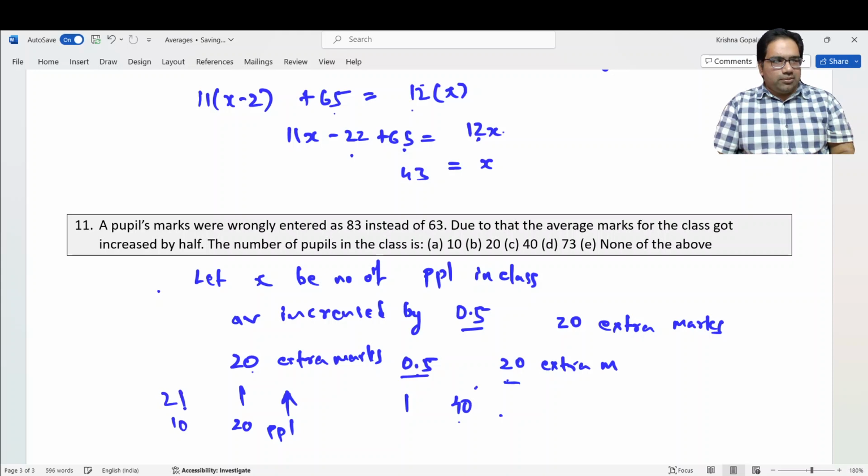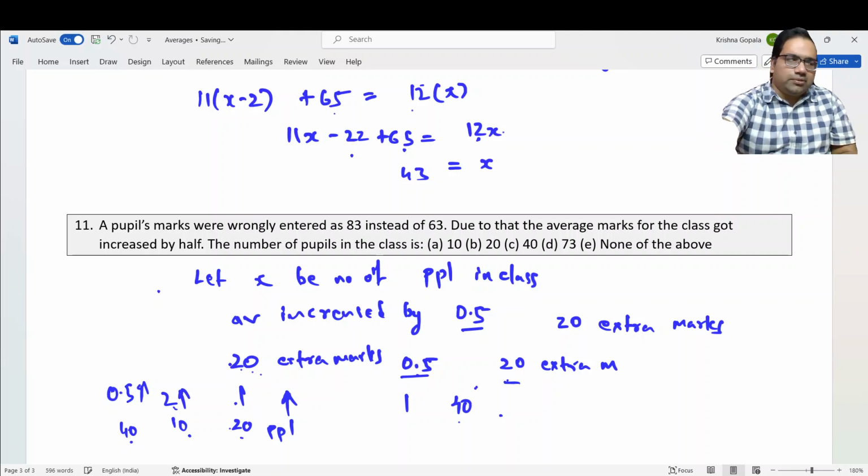And if the average increased by 0.5, that means there should be 40 people, where 40 into 0.5 is equal to 20. 10 into 2 is equal to 20. 20 into 1 is equal to 20, right? There are 20 extra marks. Then if there are 20 people, obviously each one's average will go up by 1. Cool. This is also an easy problem.